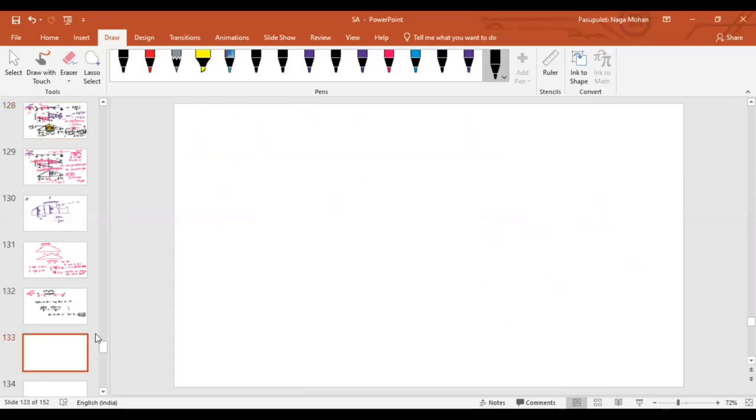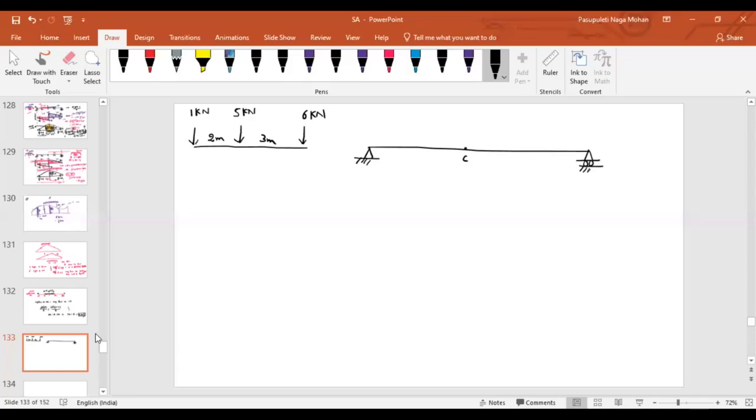Now, again, let us say we are talking about the same case, 2 meter, 3 meter, so that we can apply it on the other cases too. I'm just redrawing these diagrams again.